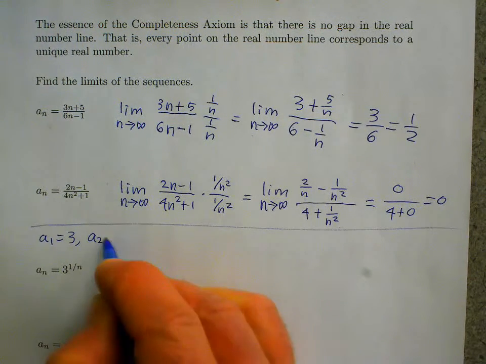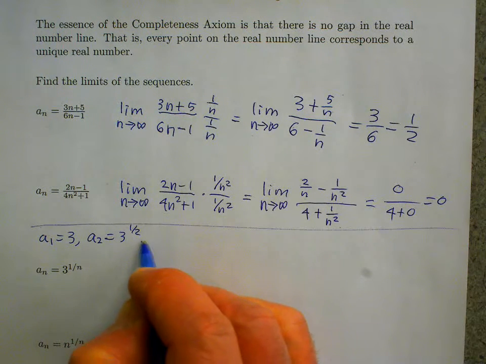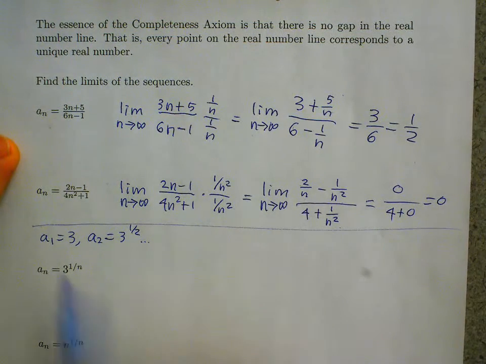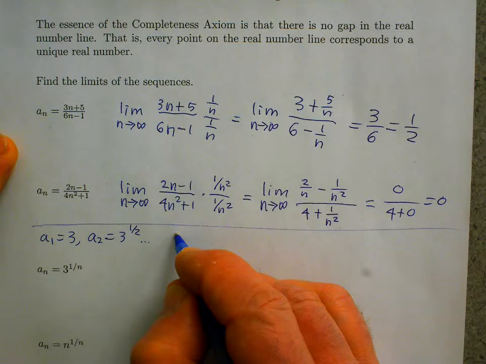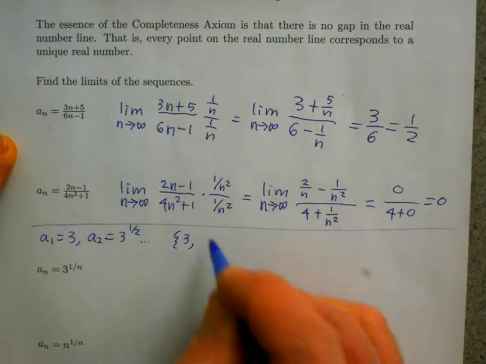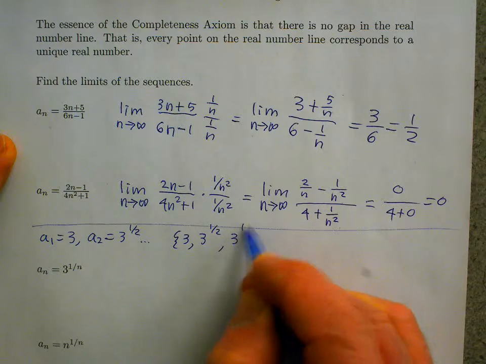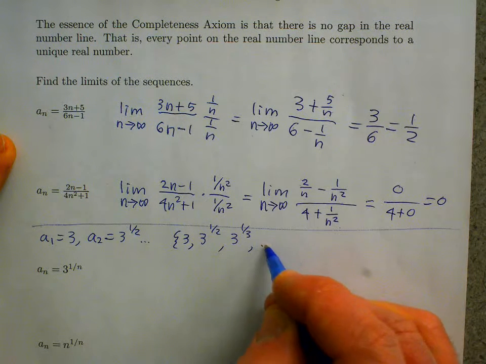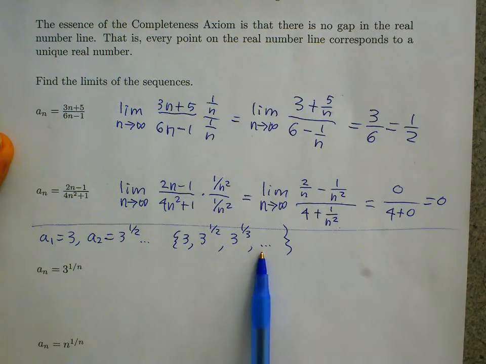A sub 2 is 3 to the 1 over 2, or 3 to the 1/2, and so on. If you just list the sequence without using the a sub n terms, then the terms in the sequence are 3, 3 to the 1/2, 3 to the 1/3, and so on. Those are the numbers in that sequence.